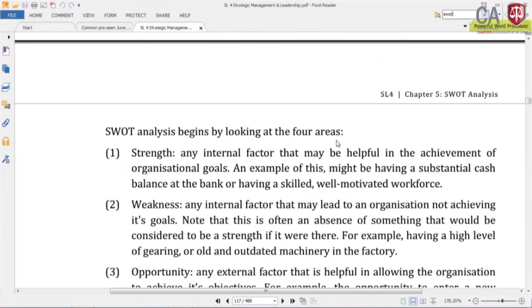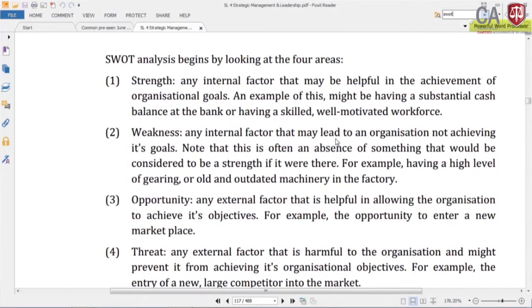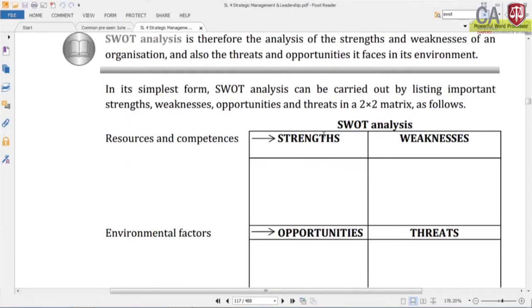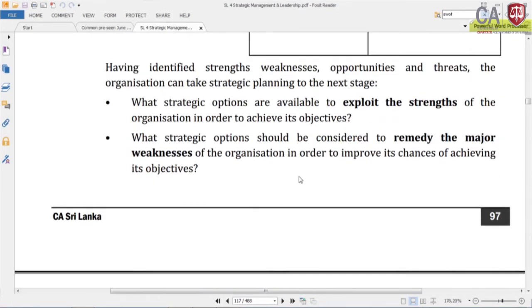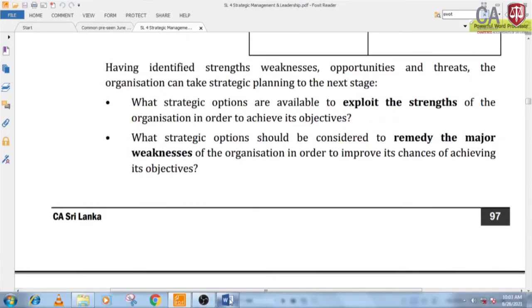So, you learned what is SWOT analysis: strength, weakness, opportunities, threat. Strength and weakness are internal factors, opportunity and threat are external factors. So, I am not going to discuss the theory part, right.